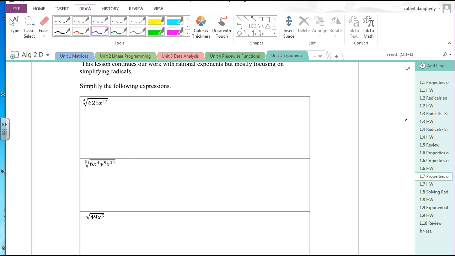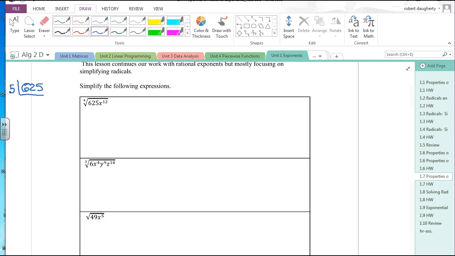4th root of 625 times x to the 12th. Okay, so I see 4th roots, which means I want everything under the radical to be arranged as perfect fourths. Okay, 625, if I don't recognize what it is, I just need to break it down. I know it's divisible by, well, I want to start with small prime numbers.